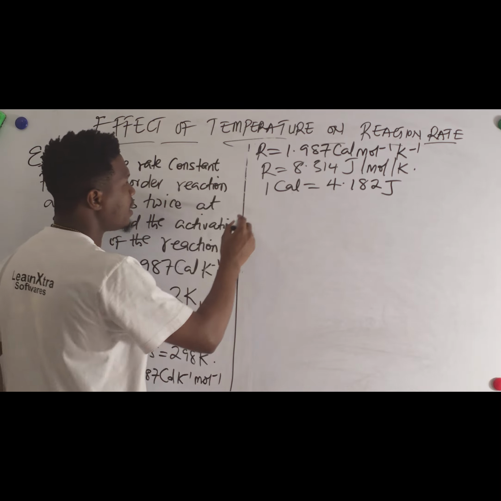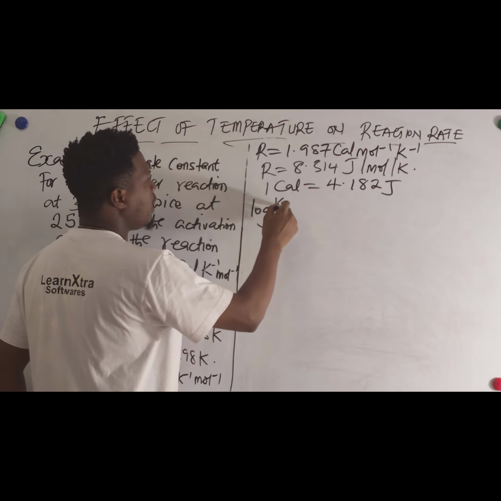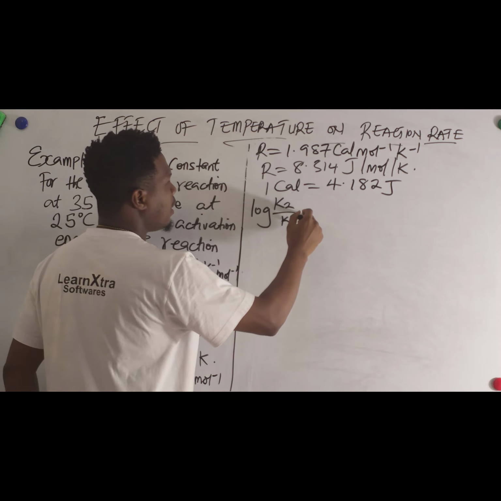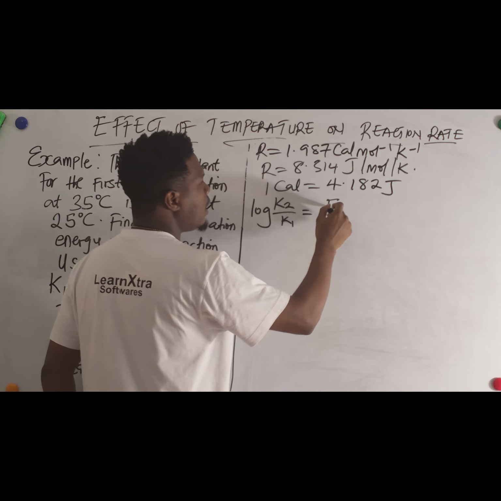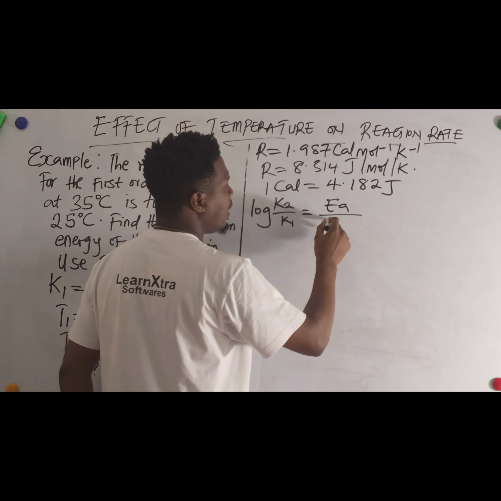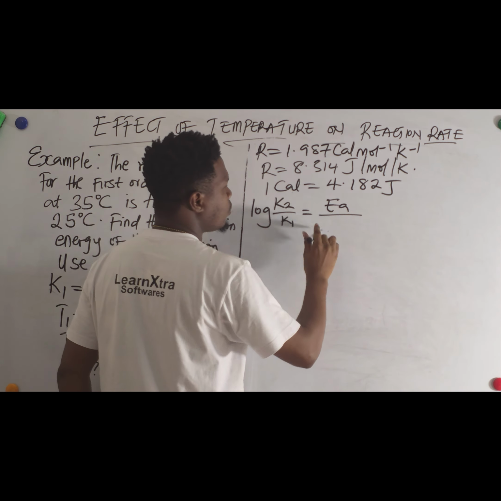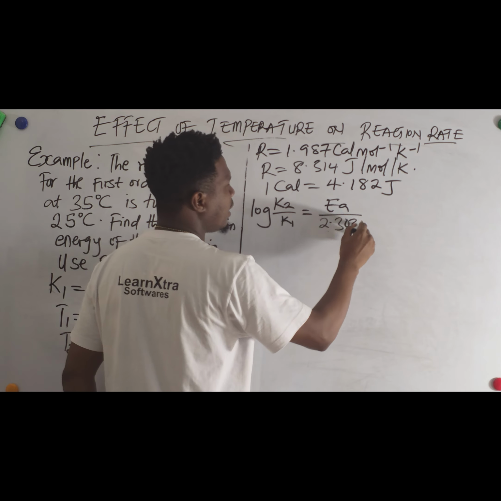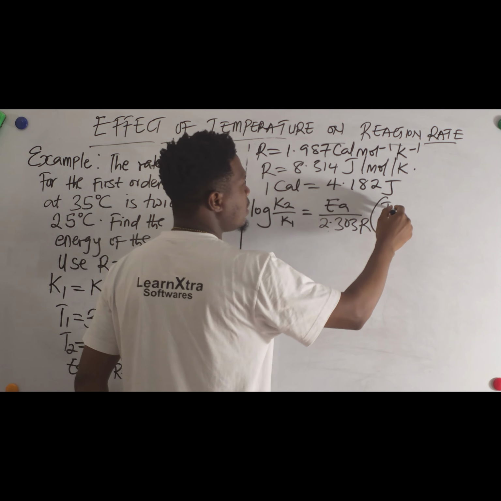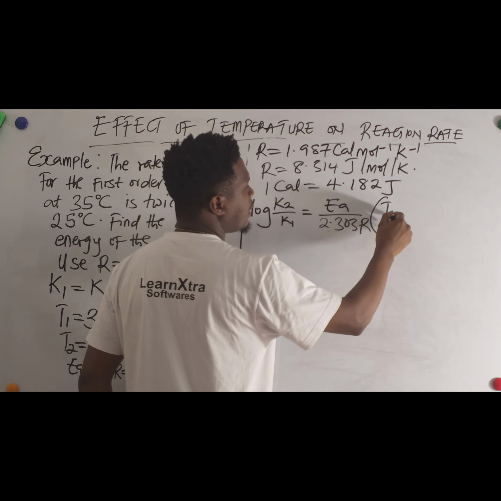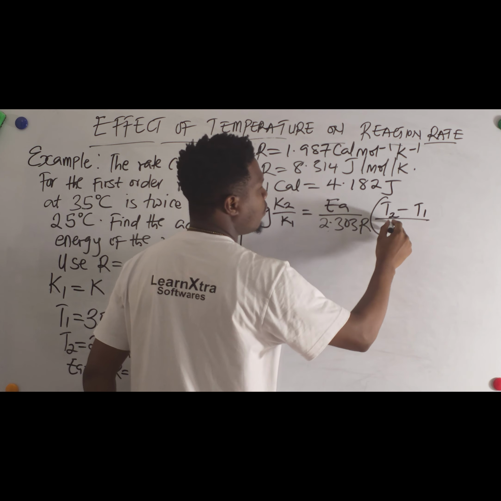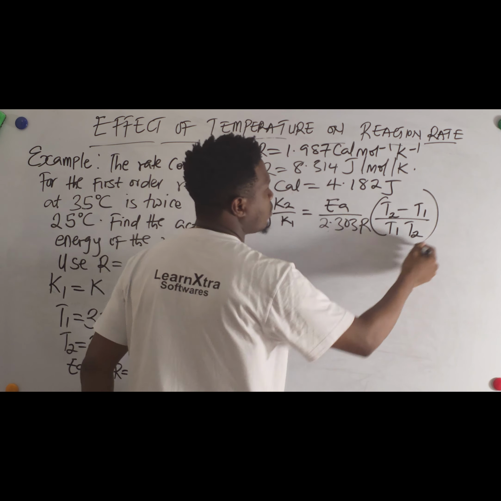The Arrhenius equation says that log K2 over K1 is equal to EA all over 2.303 R, into T2 minus T1 all over T1 T2.